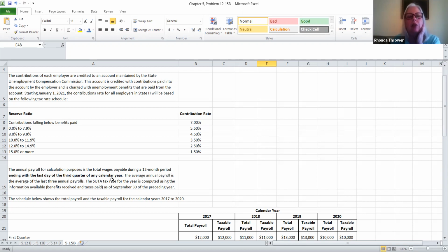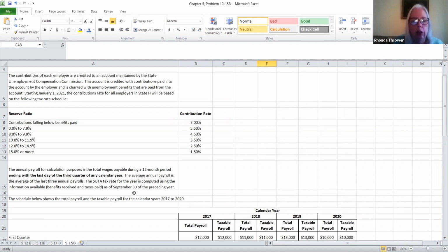It's ending on the last day of the third quarter, which would be September 30th. The average annual payroll is the average of the last 3 annual payroll periods, and the SUTA tax rate for the year is computed using the information available, benefits received versus taxes paid as of September 30th of the preceding year.